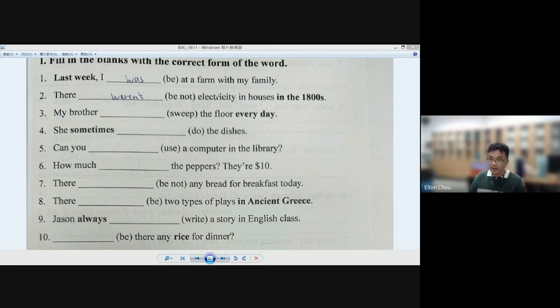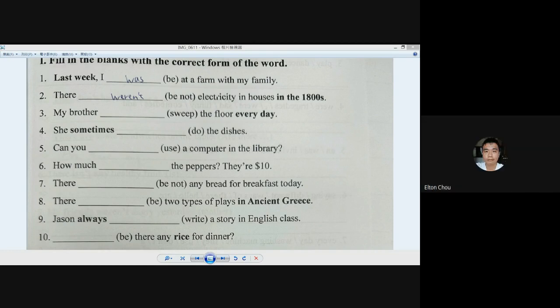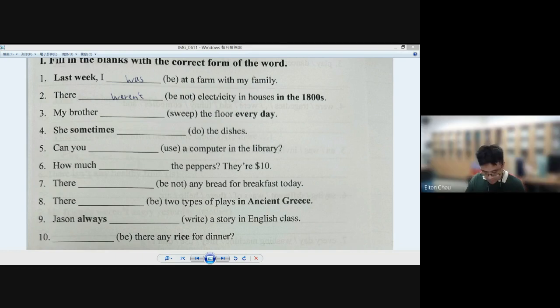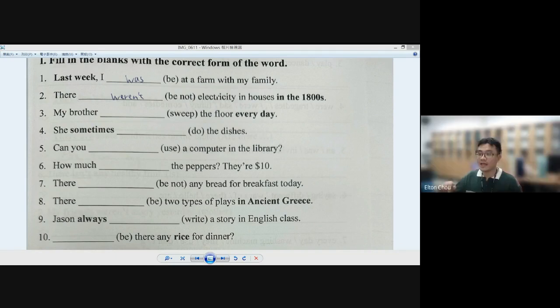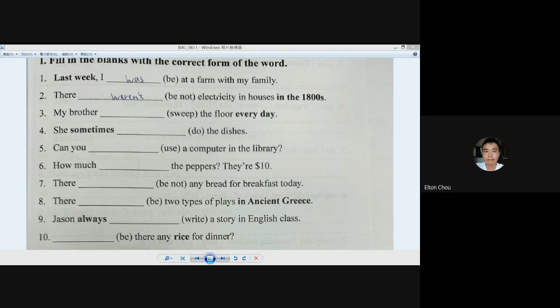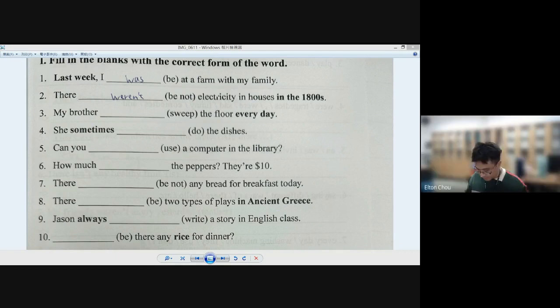When we see these words, we use is, am, or are, plus verb ing. Very good. So when you see now, at the moment, look, listen, we use is, am, are, plus verb ing.